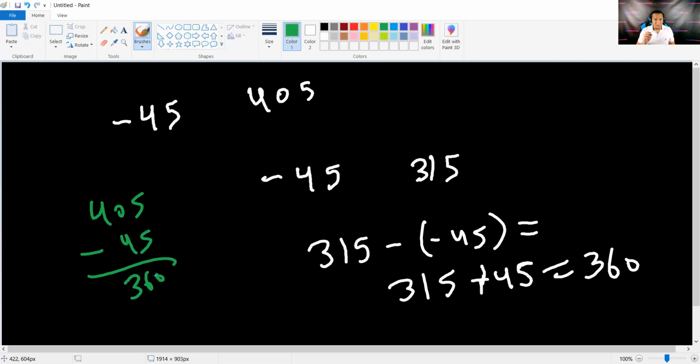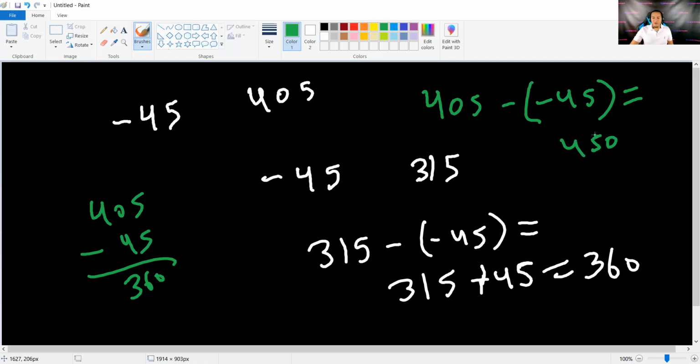You said 45, not negative 45. So it should be 405 minus the second angle, and you can tell by putting it in parentheses, negative 45. Well, when you do that, two negatives make a positive, so you add them up and you get 450. They're definitely not coterminal. So that's how you know about pi, degree measure, standard position, and coterminality.